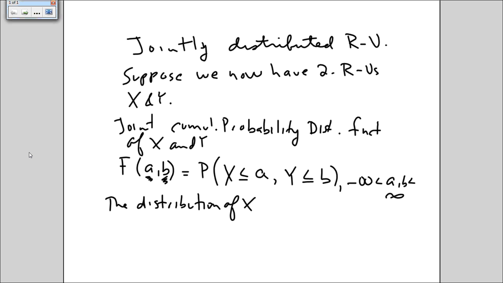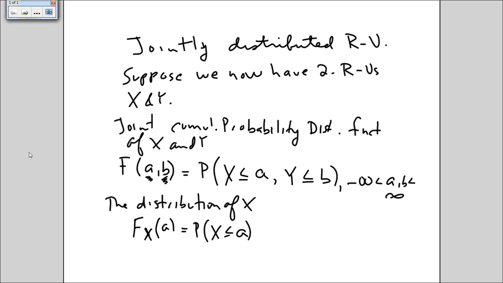So basically, you let b go to infinity. Let's see how we describe this. We call it F sub X of a, F of the random variable X of a. This is equal to the probability that just X is less than a.